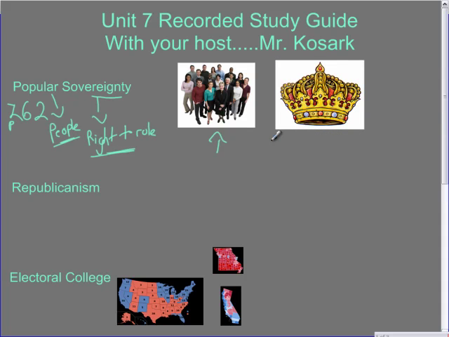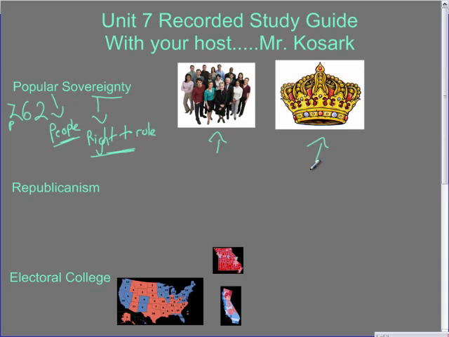So the people have the right to rule. That is what popular sovereignty is. Hopefully you can remember that, because we've been talking about it all unit. But then you have to look at, if the people have the right to rule, how do they rule? What do rulers do?